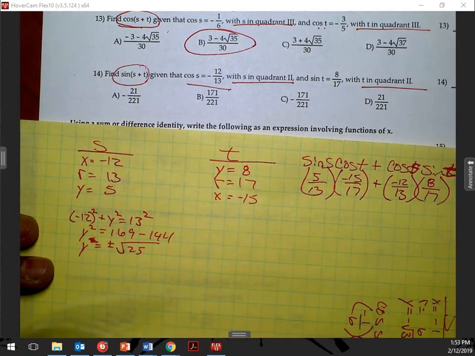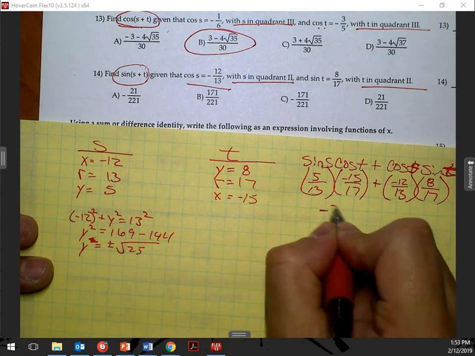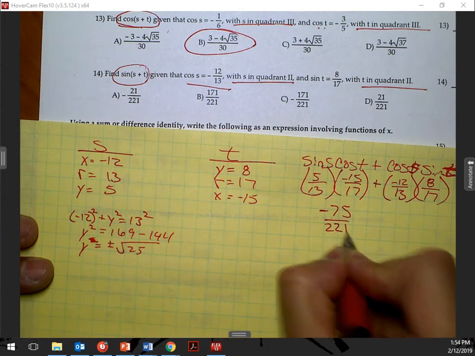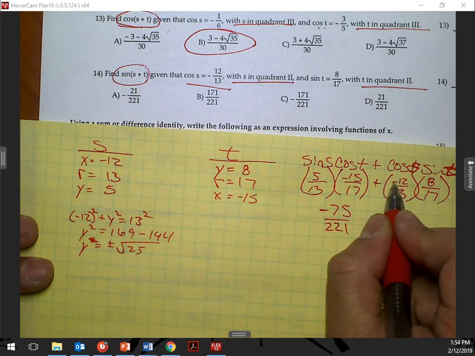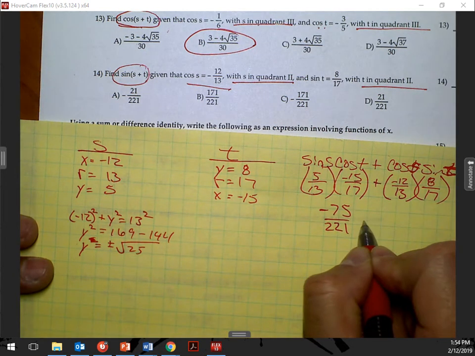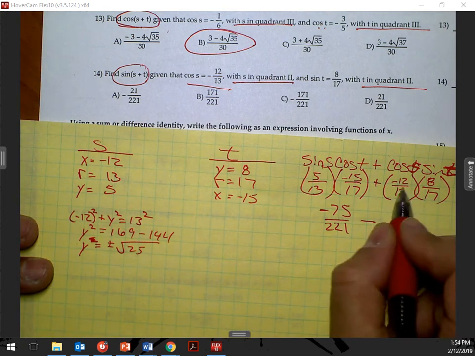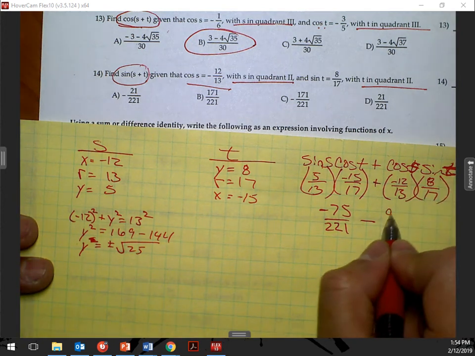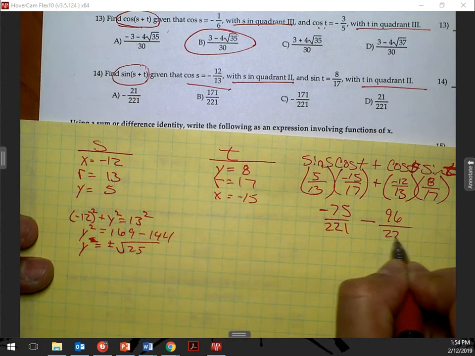So this is going to give me 5 times negative 15, which is negative 75 over 13 times 17, which is 221. And I have one negative, so this is going to become a minus 12 times 8, which is 96, over 221.